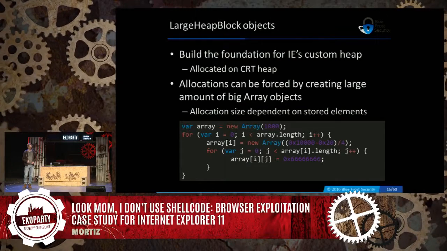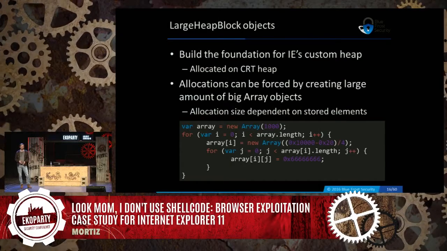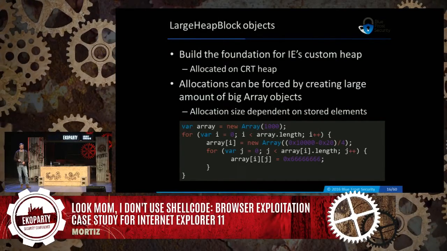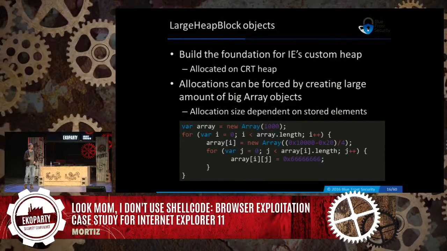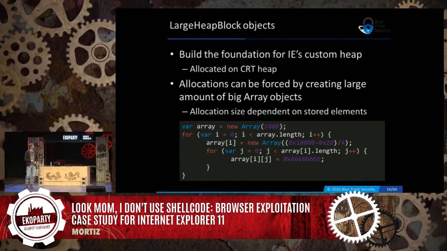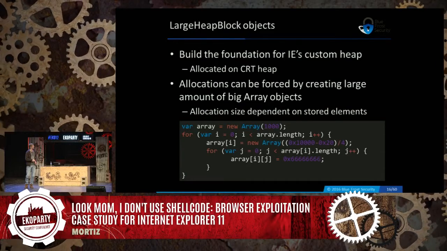There's one object called the large heap block object, and this object builds the foundation for IE's custom heap. And it turns out there's a pretty easy way to force the allocation of these objects. You just create many large array objects in JavaScript. The code below will create several large array objects, and we store some integers in them.